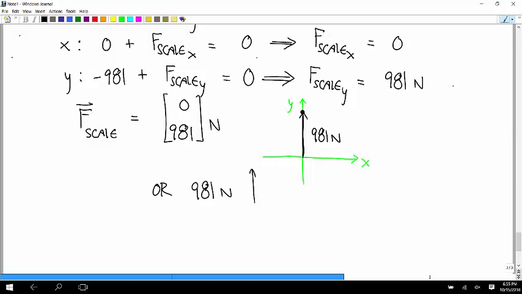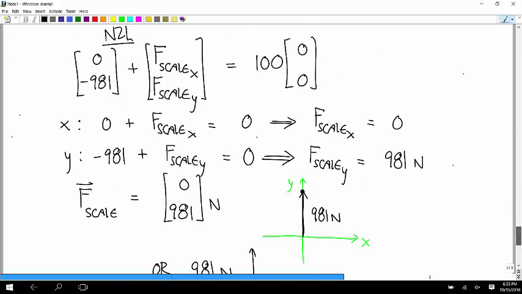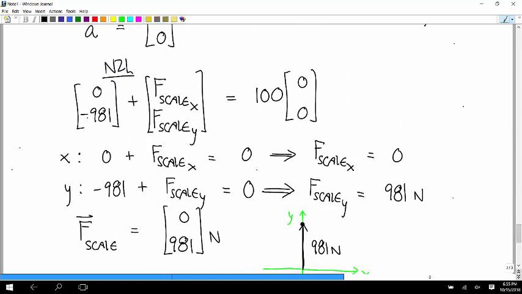Okay. So the scale is applying a force of 981 newtons up on the man's feet. Here, when I first wrote Newton's second law, the force of gravity is down, and the magnitude is the mass of the chosen object times 9.8.